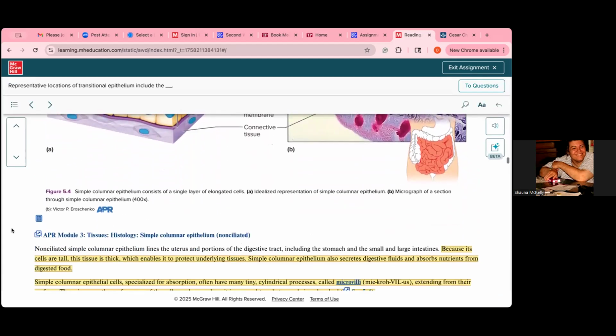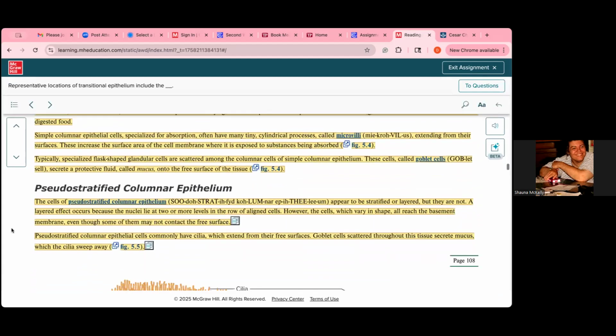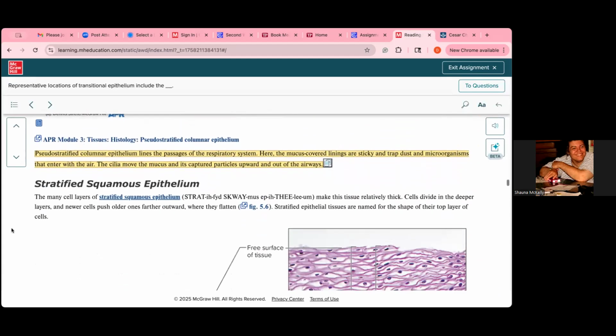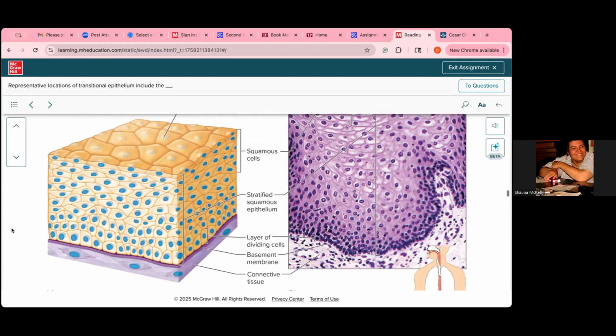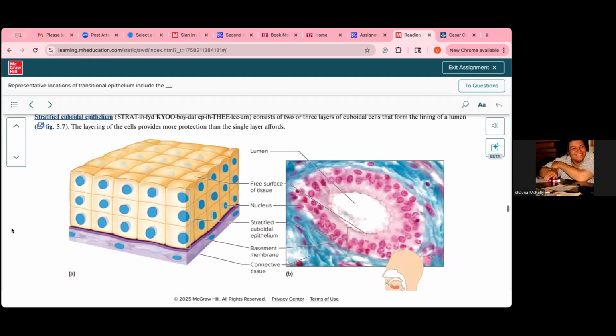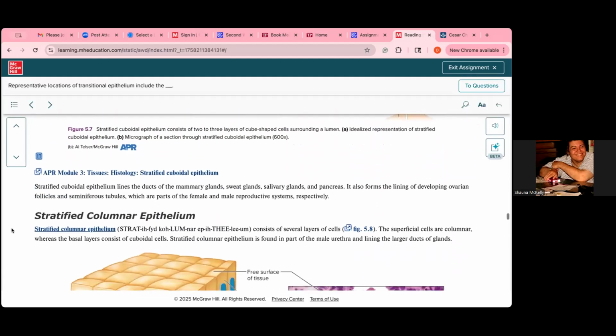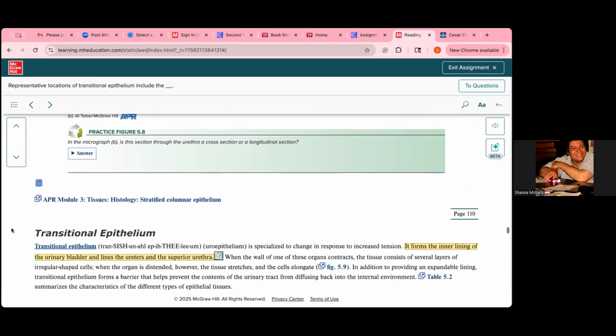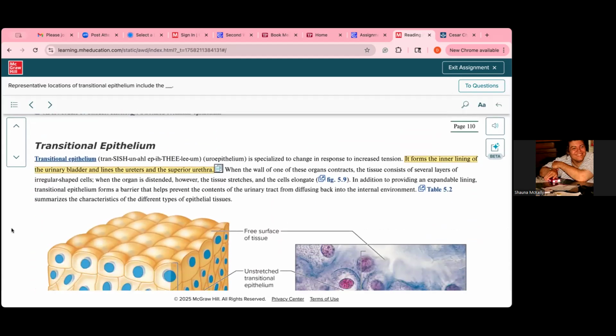Simple cuboidal, columnar, stratified, simple squamous, stratified cuboidal, stratified columnar, transitional epithelium. Transitional epithelium, uroepithelium, is specialized to change in response to increased tension.